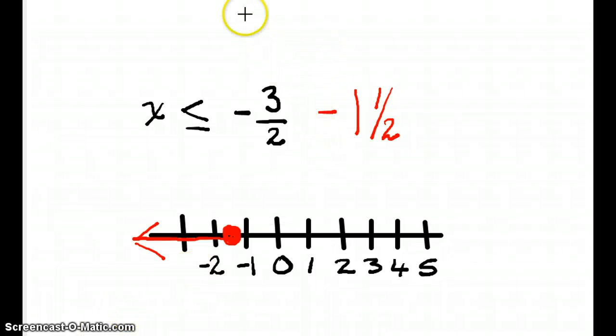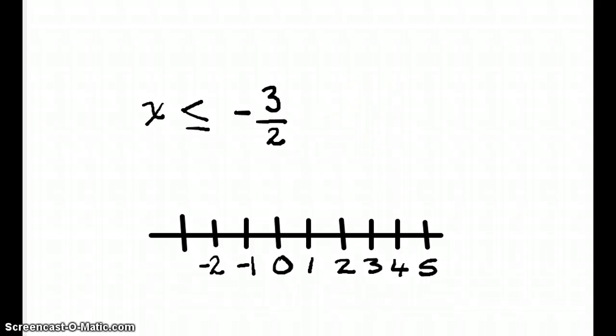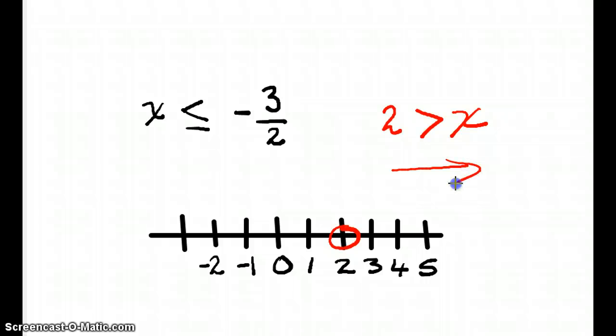And that brings up a very important point. What happens if they write 2 is greater than x? Well, I can still go to the 2, and I can still identify it, but please don't just say, well, the arrow is going this way, so this is that way. 2 is greater than x.